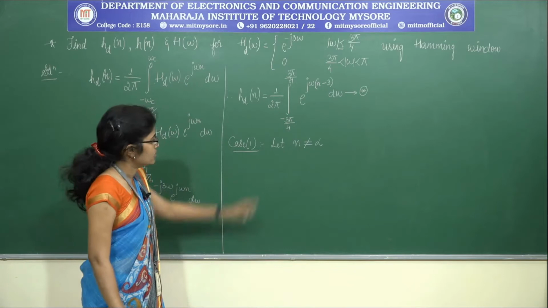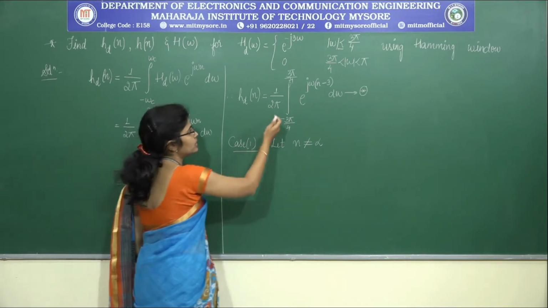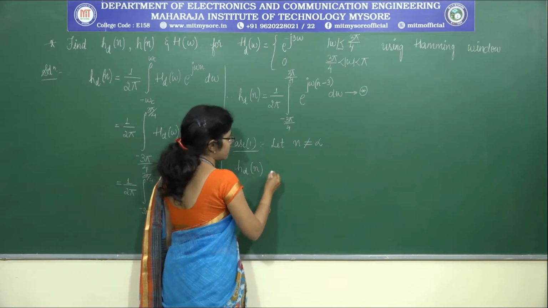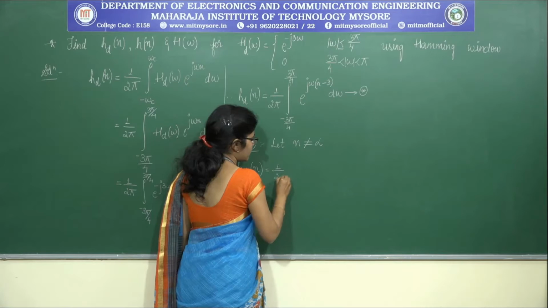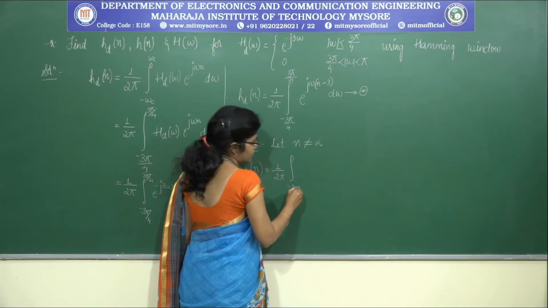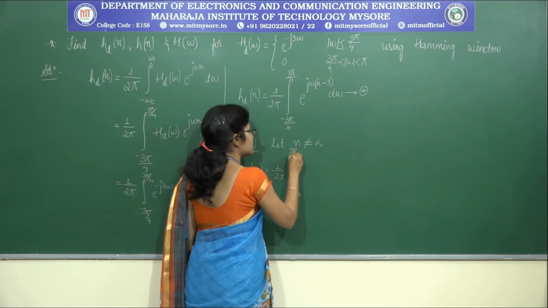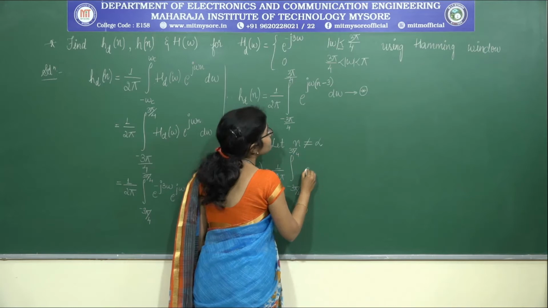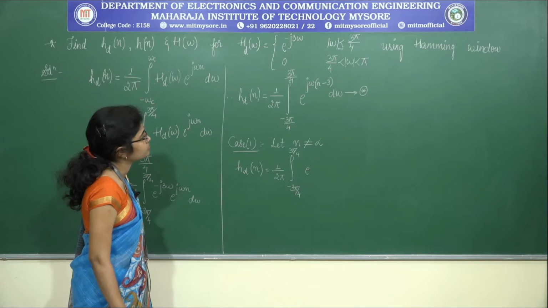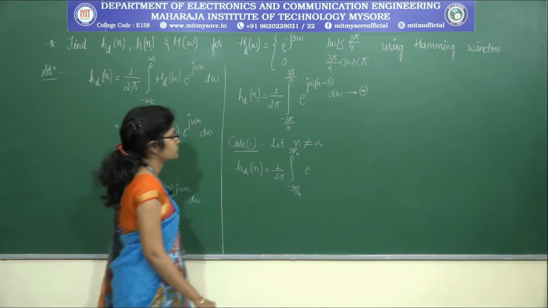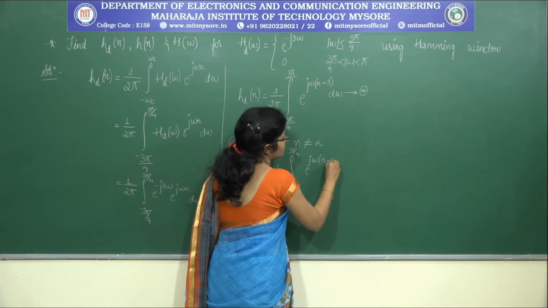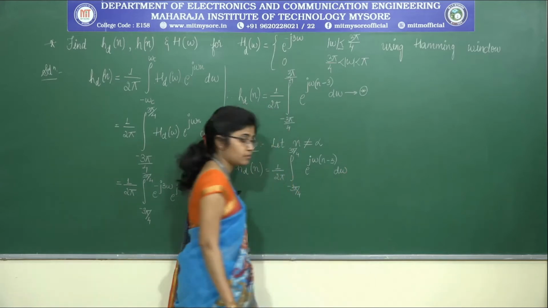The equation star remains as it is, that is hd of n equals 1 by 2 pi integral from minus 3 pi by 4 to plus 3 pi by 4 e power j omega into n minus 3 d omega.